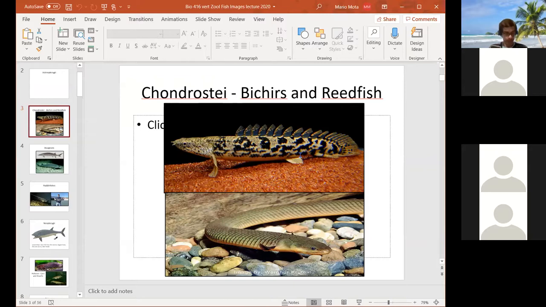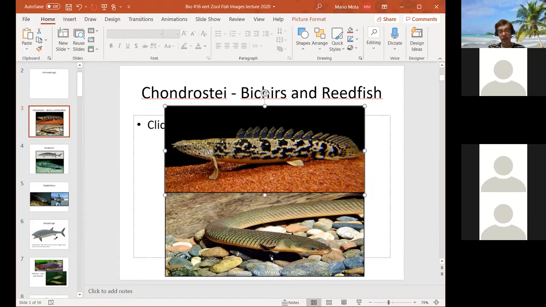So you had ostracoderms, placoderms, and then you had these modern fish, and you had these giant fish that don't exist anymore. So again, don't go swimming in the Devonian. Right here you have a bichir and a reedfish, and you can tell the scales look, like I said, like little diamonds all lined up together.